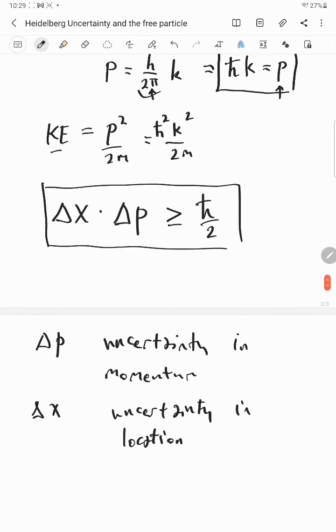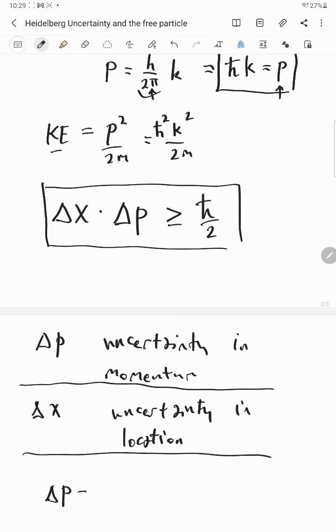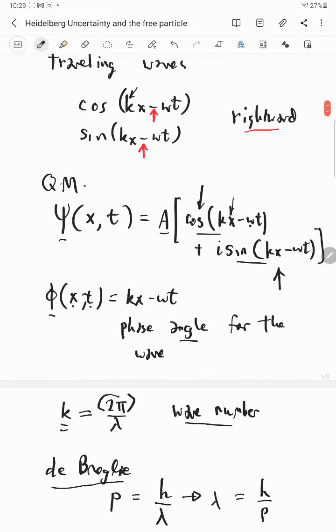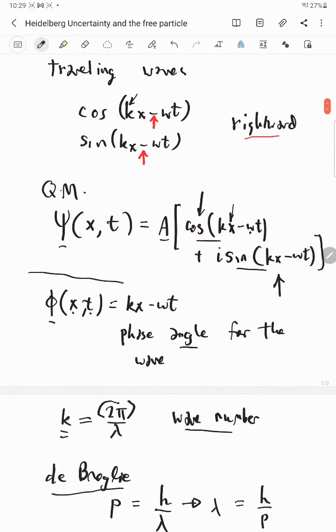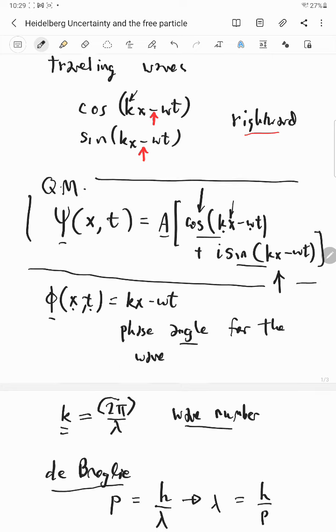But let's think about, for my free rightward moving particle, I wonder what delta p is. Well, up here, I am representing this particle with a definite value of k.